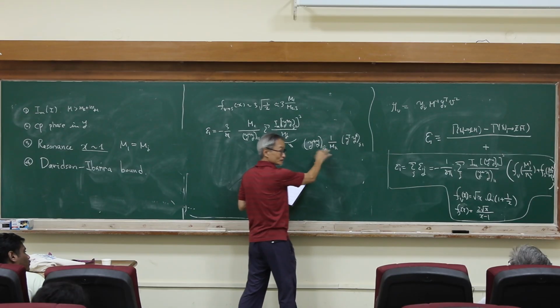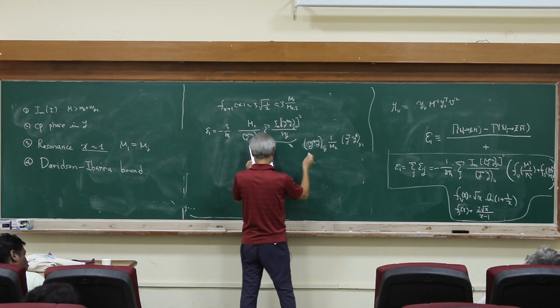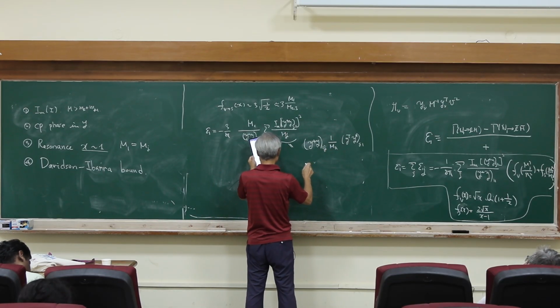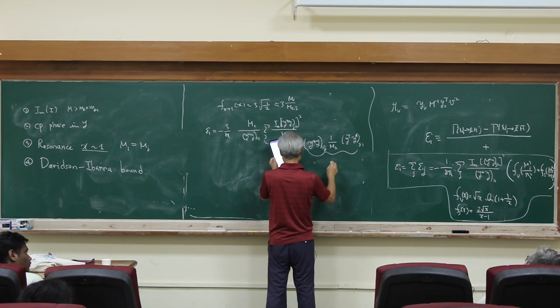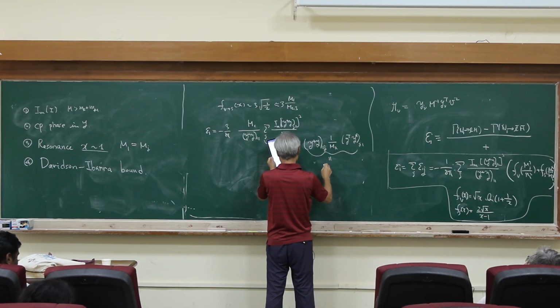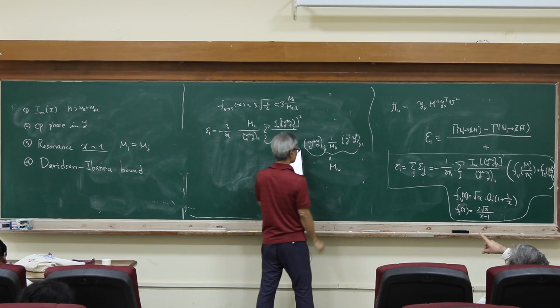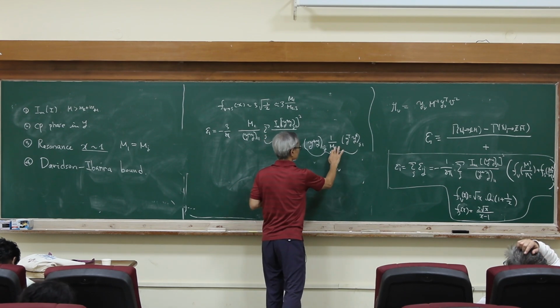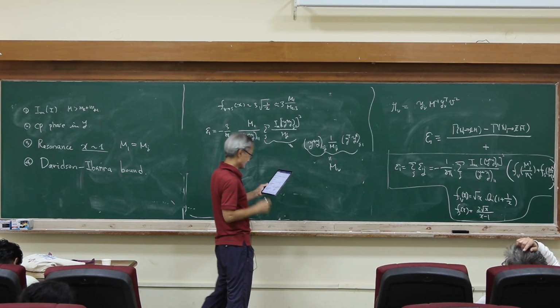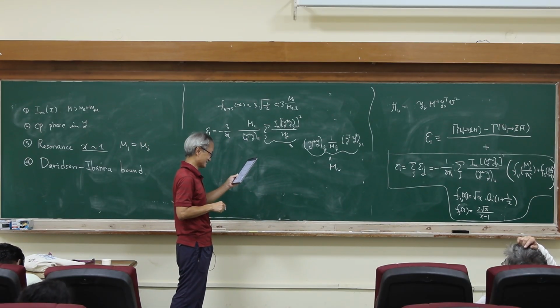Maybe something's wrong here, but anyway, please try to derive it by yourself. So this whole quantity goes like, there should be a K somewhere. Or J, sorry, in my notes K is written.